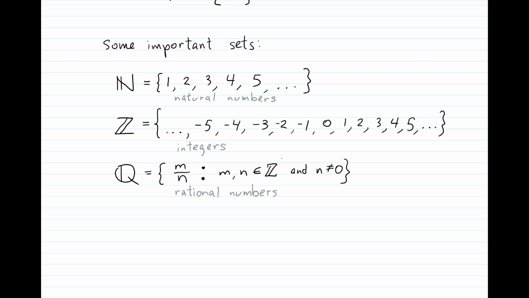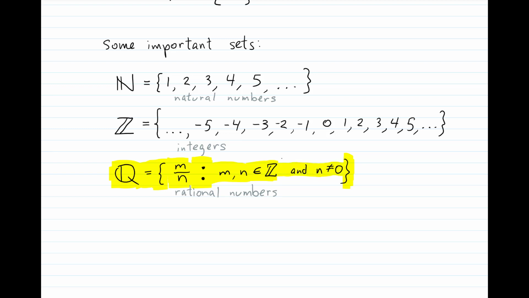Okay, so it says Q equals the set of m over n such that, that's what that colon stands for, such that m and n are elements of the integers. And then the rest is easy. And n does not equal 0.